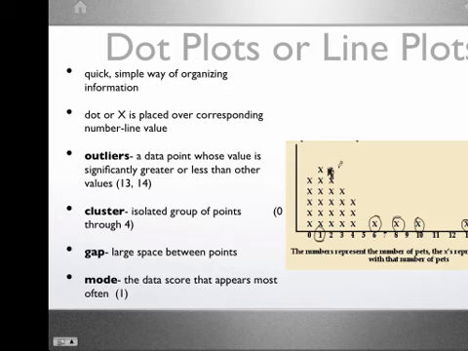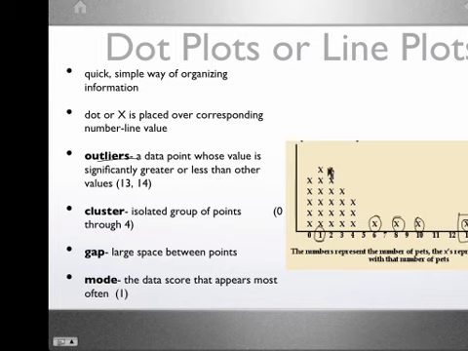Okay, so some of the academic language that I'd like for you to notice here is outliers. And if you look, it's right here. Now, outliers are any data points whose value is significantly greater or less than the others. So in this case, these two right here are pretty significantly different from the rest of the data. So we could consider these outliers.